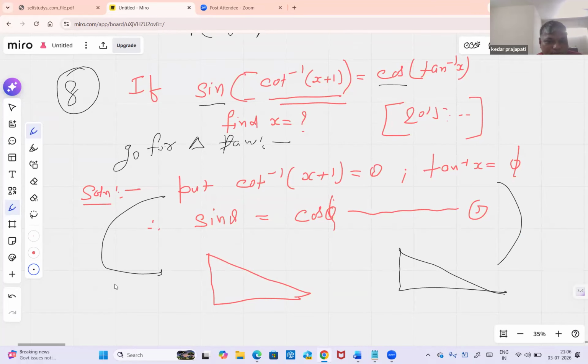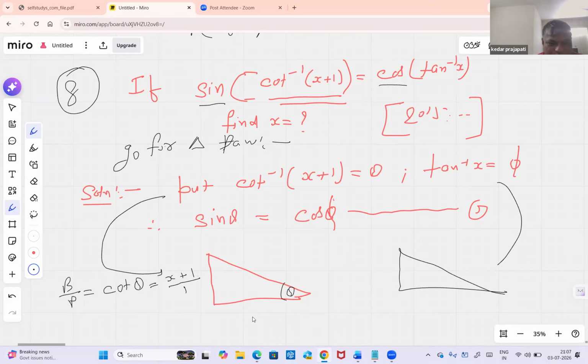So cot theta is base upon perpendicular.